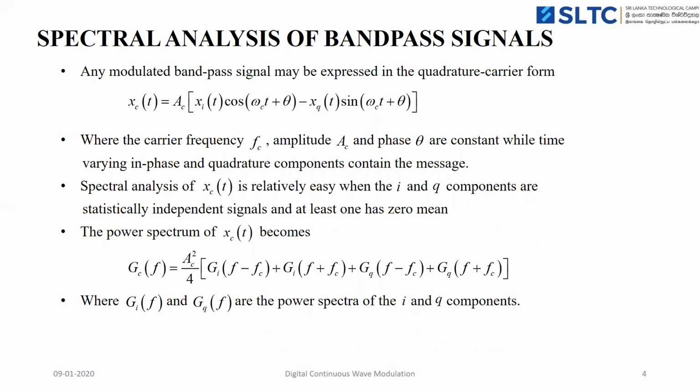This equation shows the basic modulated baseband signal representation in quadrature form. Here we can see that A_c cos(omega t plus theta) is the carrier signal, and in that, x_I(t) and x_Q(t) are the message signals present in the in-phase and quadrature carriers.